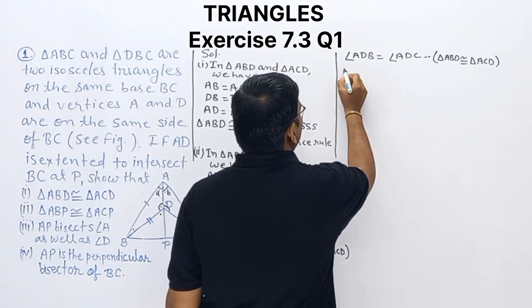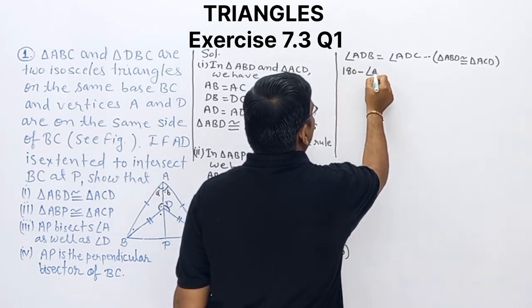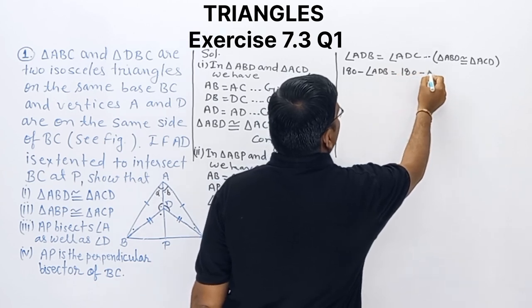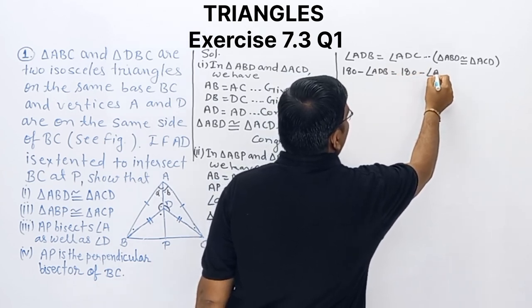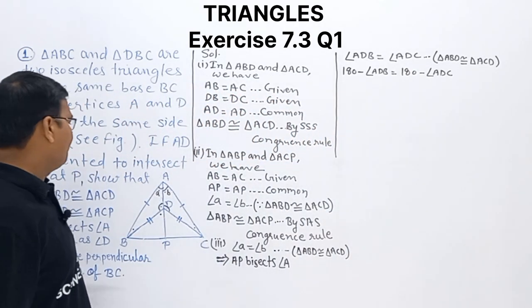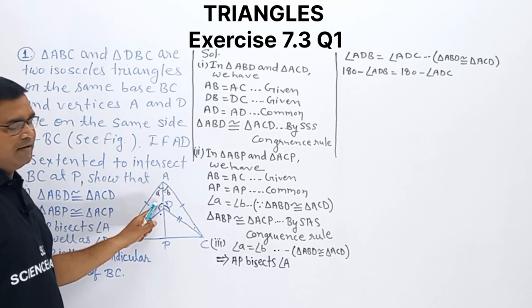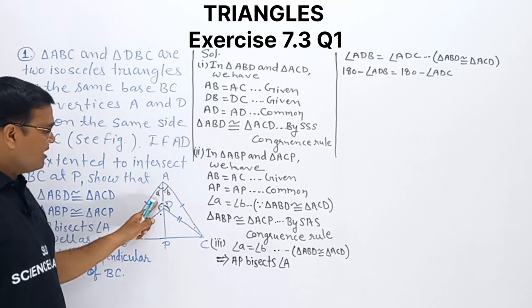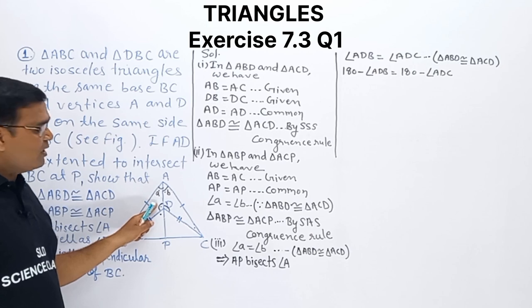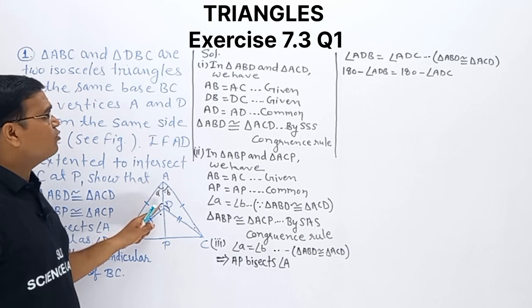This angle can be written as 180 minus angle ADB, equal to 180 minus angle ADC. Angle ADB plus this angle plus this angle equals 180, so this angle will be 180 minus this angle.